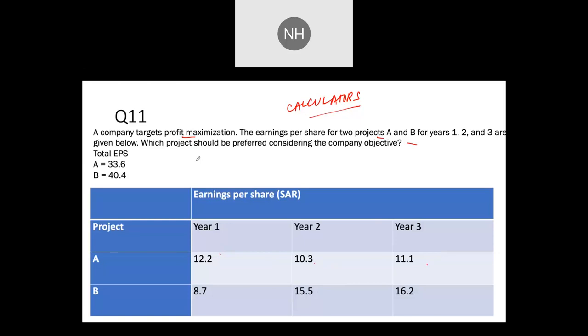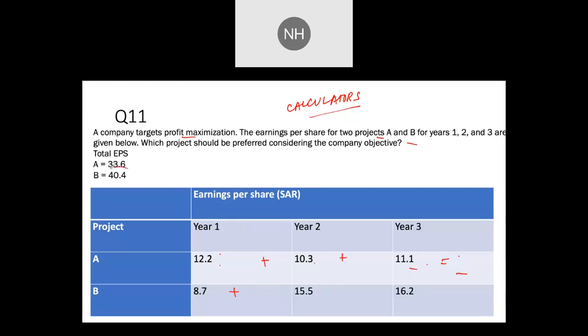Here what we have to do is simply add them. These are all EPS, so we add all these EPS from year 1, 2, and 3, and find out the value. Similarly for B, and we will choose the higher value.